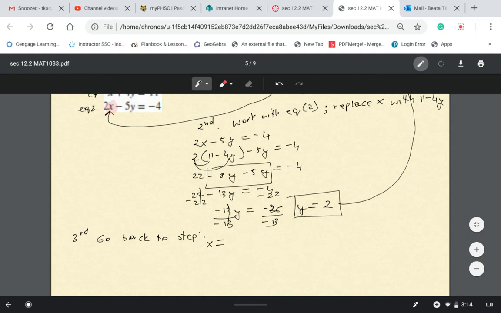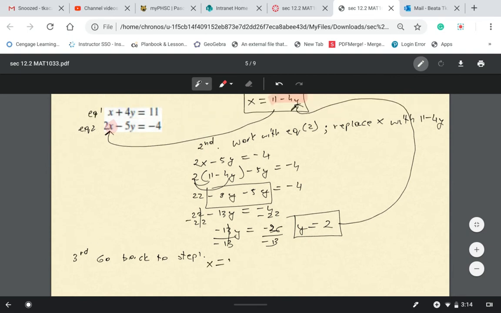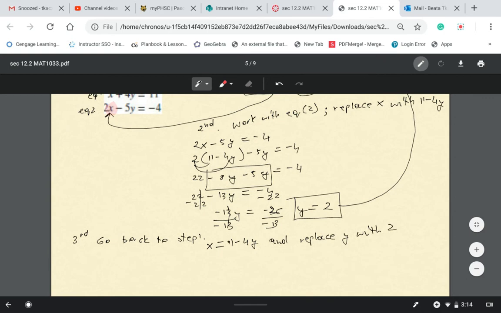We know that x is equal 11 minus 4y, and we replace y with 2. Okay, so x will be equal 11 minus 4 times 2, and that will give us 11 minus 8, which is 3.